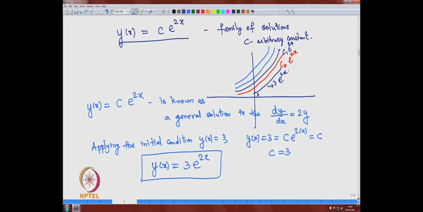For a particular value of c, the general solution becomes a particular solution. If you give a specific value to the arbitrary constant c, then the solution we obtain is known as a particular solution.